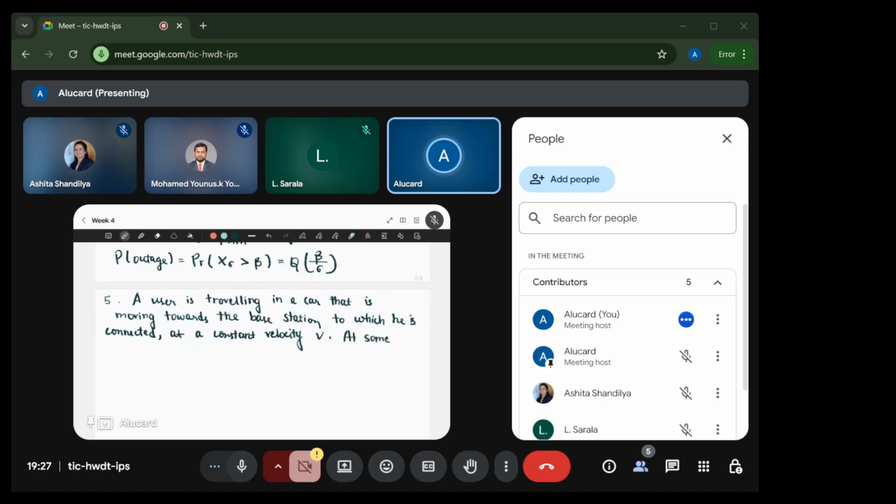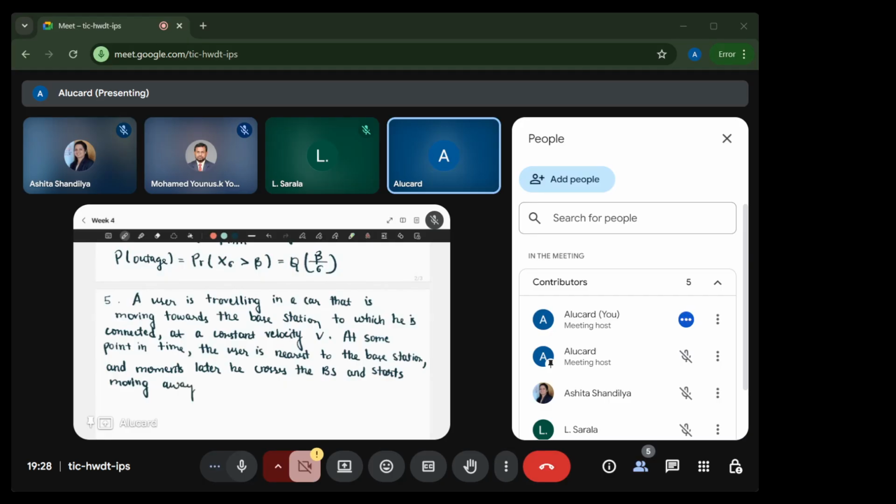At some point in time, the user is nearest to the base station, and moments later he crosses the base station and starts moving away from his base.